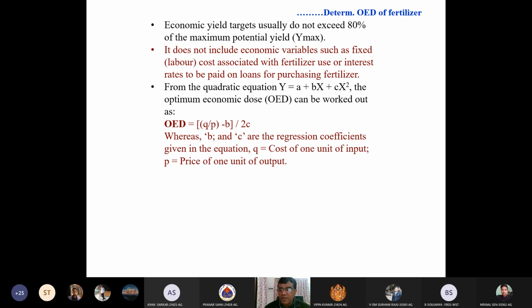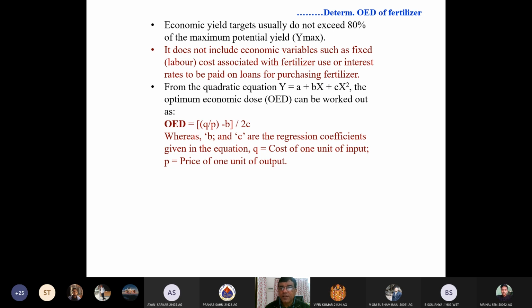Remember that whatever units you have used in the equation, the same units must be used for the cost and price. Suppose your K2O application is in kg per hectare, so the cost of potassium should be per kilogram. What is the cost of 1 kg K2O?